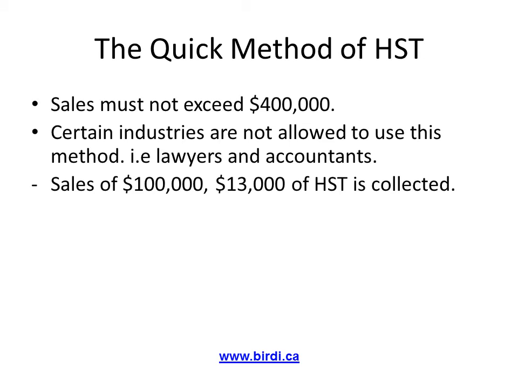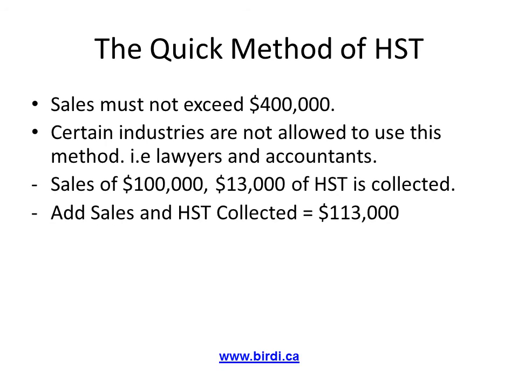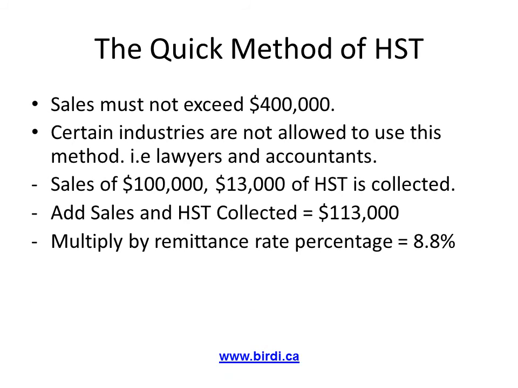Continuing the previous example, where the sales are $100,000 and the HST collected is $13,000, the quick method calculation requires you to add the sales and HST collected together, giving us $113,000. Multiply it by a remittance rate.